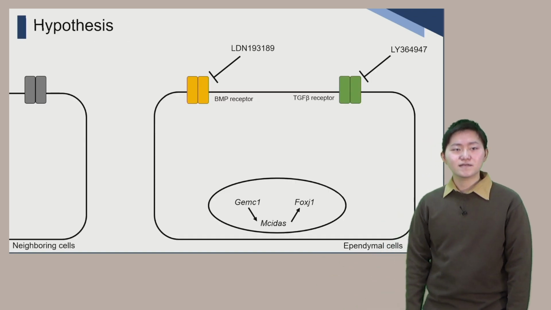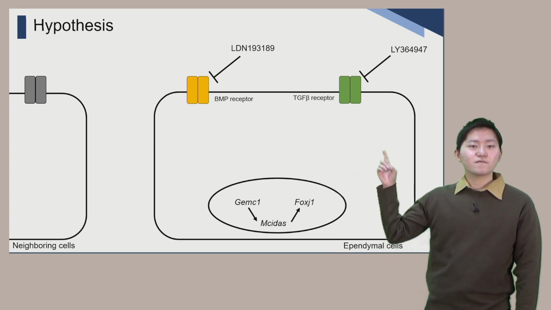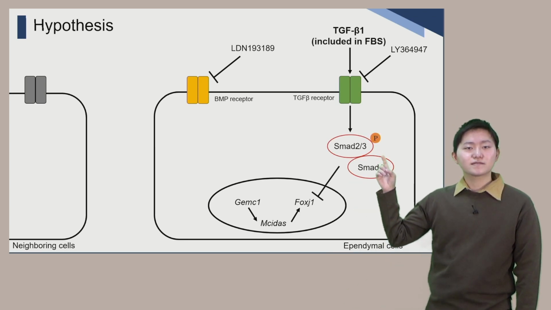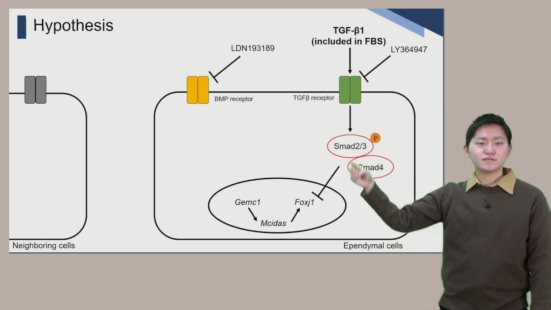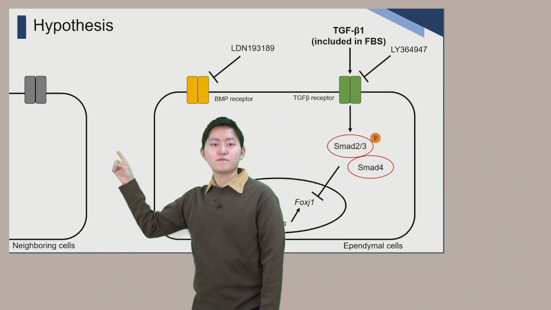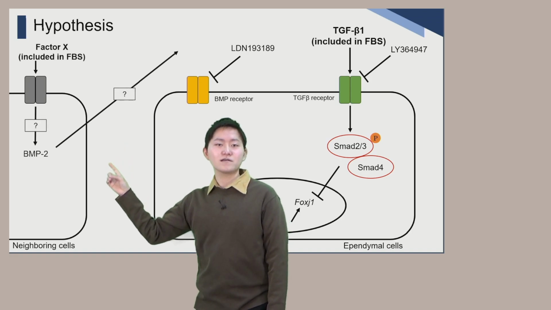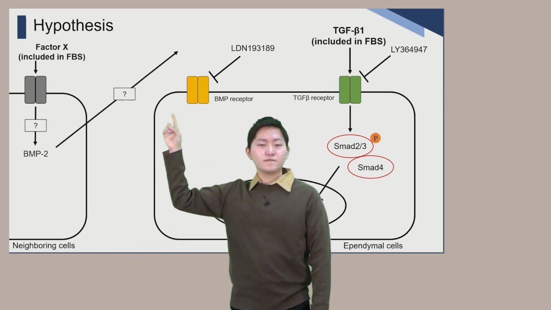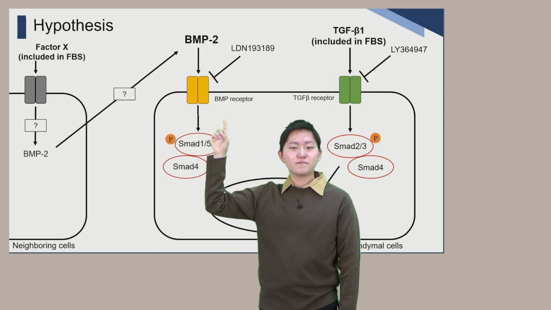This is the hypothesis of the inhibitory effect of FBS. TGF-β1 included in FBS inhibits the differentiation into mature ependymal MCCs like this. On the other hand, BMP2 may be secreted from neighboring cells like ependymal cells or astrocytes, and the secreted BMP2 activates the BMP receptor.